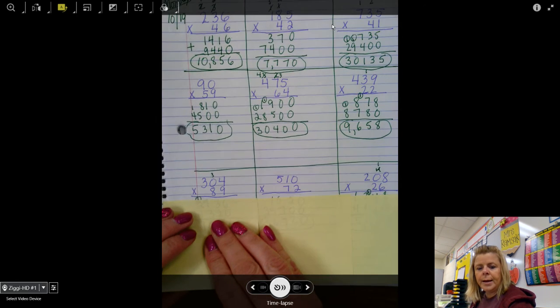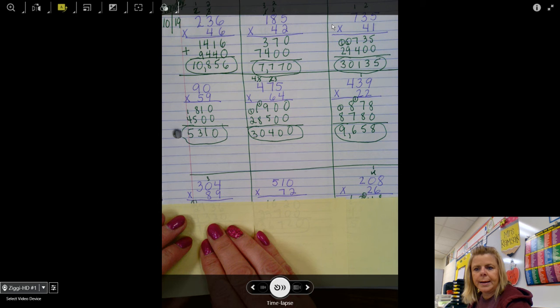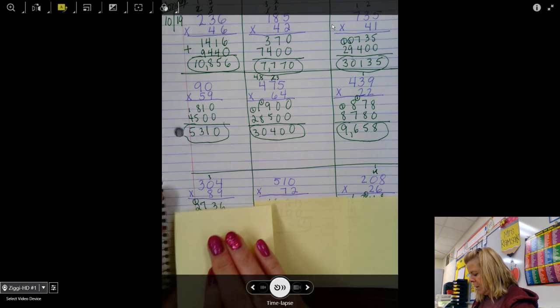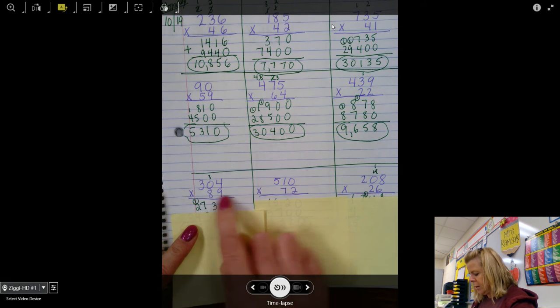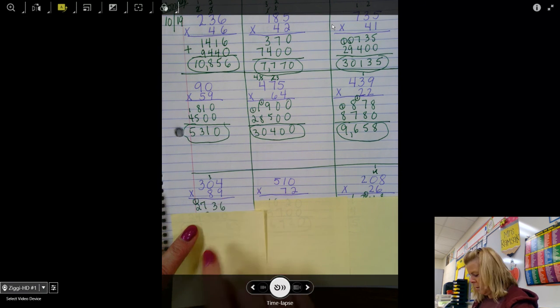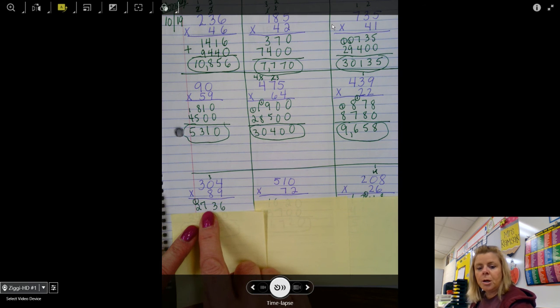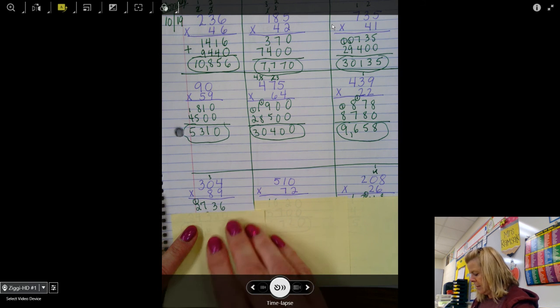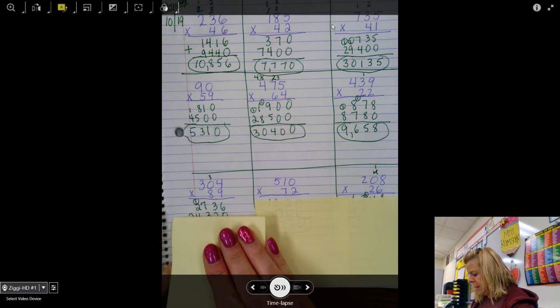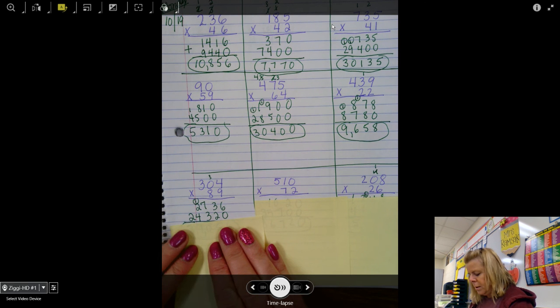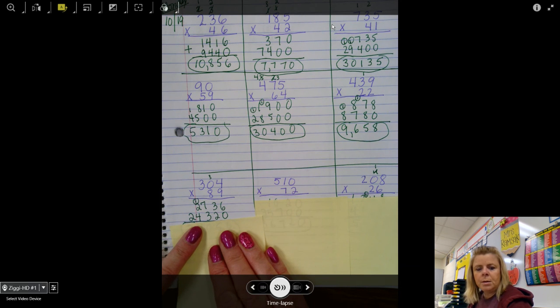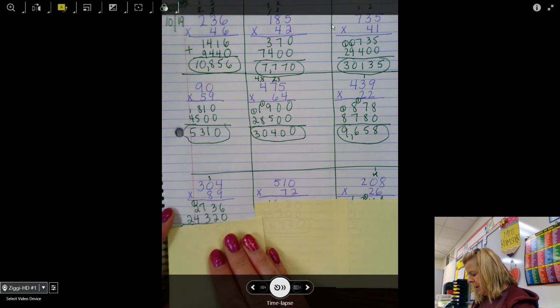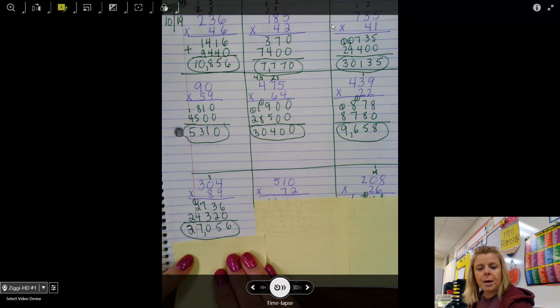All right, last set of problems, last row. My first partial product, 304 times 9, is 2,736. And 304 times 80 is 24,320, with my final answer being 27,056.